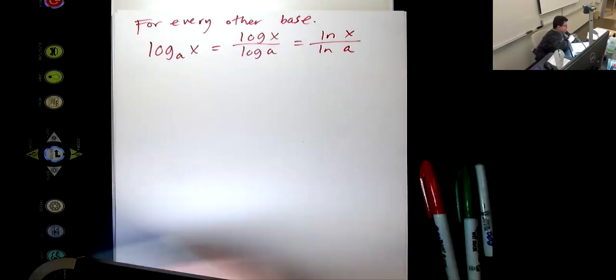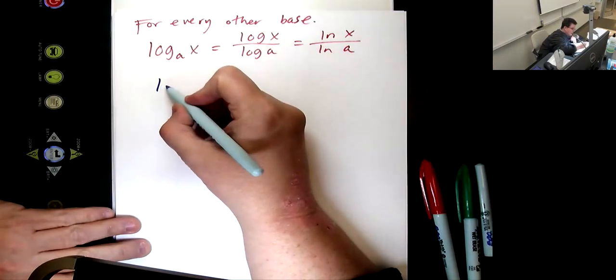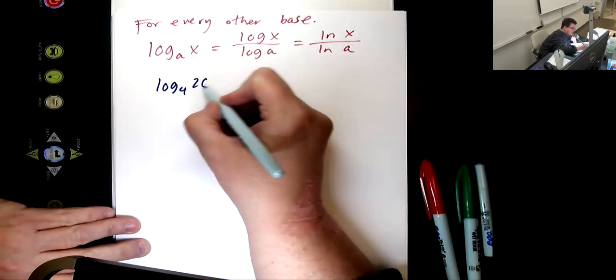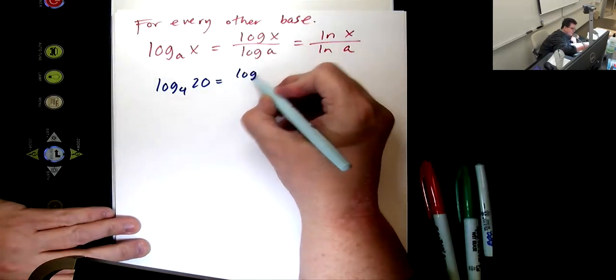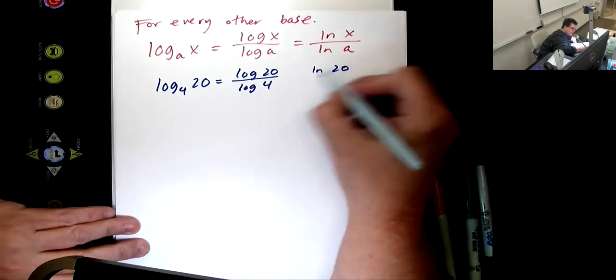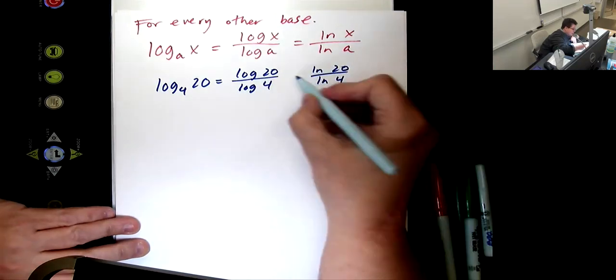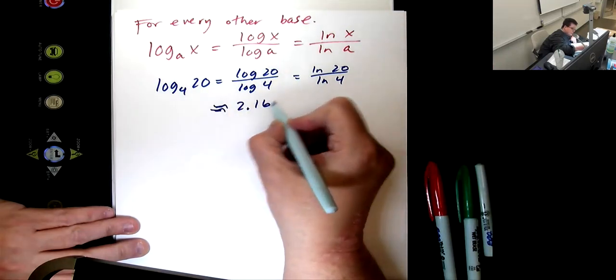Let me give you some examples so you can throw them into a calculator and see what it looks like. Log base 4 of 20. No matter which one you choose, log 20 over log 4 or natural log 20 over natural log 4, you should get approximately 2.1610.